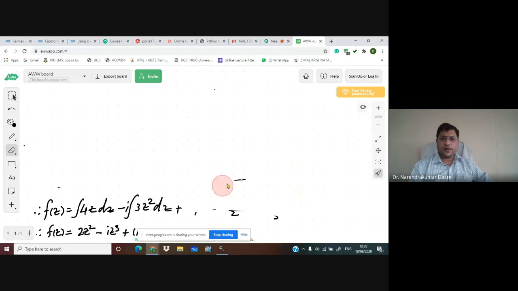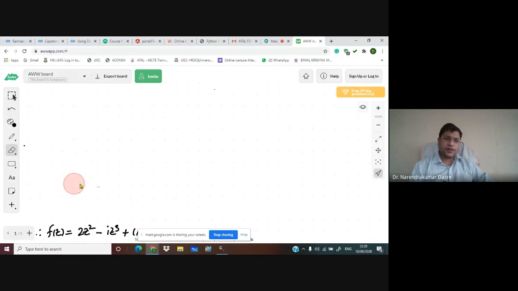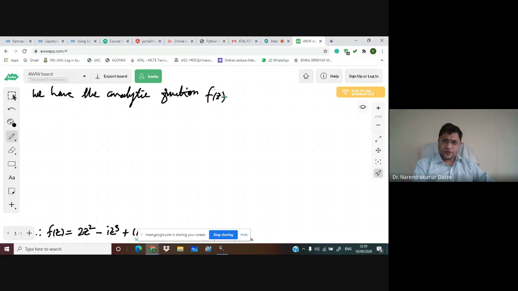So we have calculated here that this is the analytic function, and now we have to find the real part and imaginary part. We have the analytic f of z equal to 2z square minus i z cube plus c.